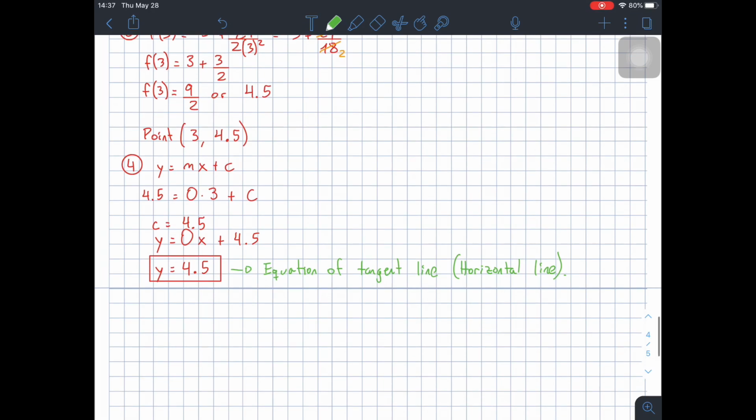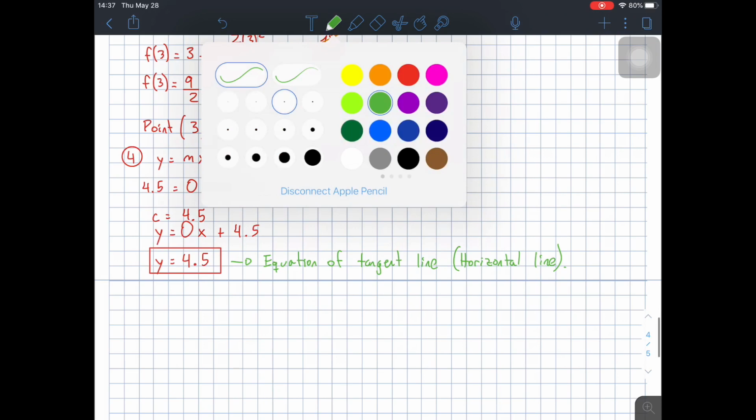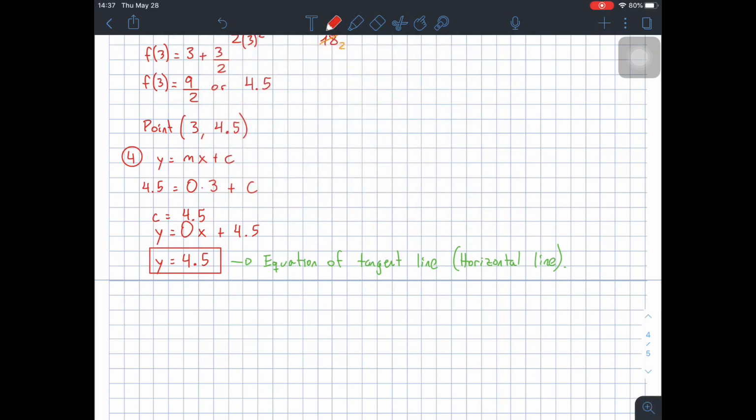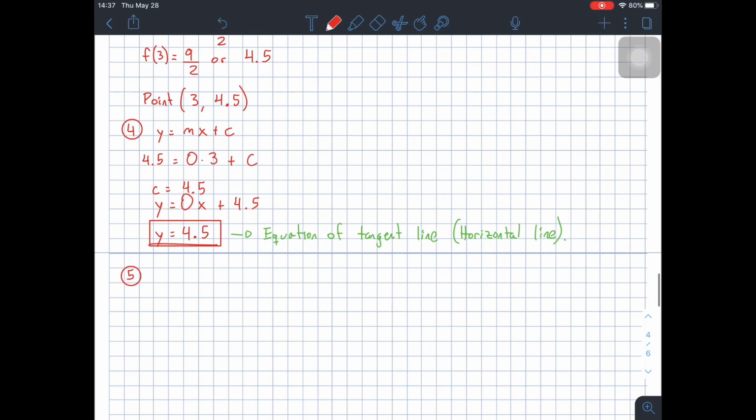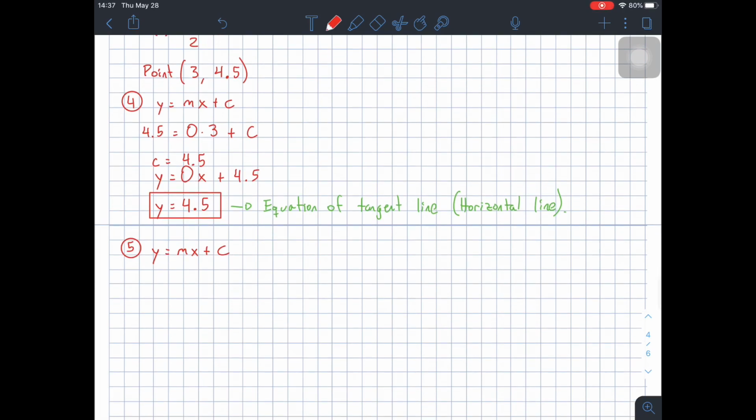Okay, so we already have the equation of the tangent line, but now we need to find the equation of the normal line, which is step number 5. In this case, as the tangent line is a horizontal line, if I write y equals mx plus c to find the normal line, you should know that the normal line should be a vertical line, right?